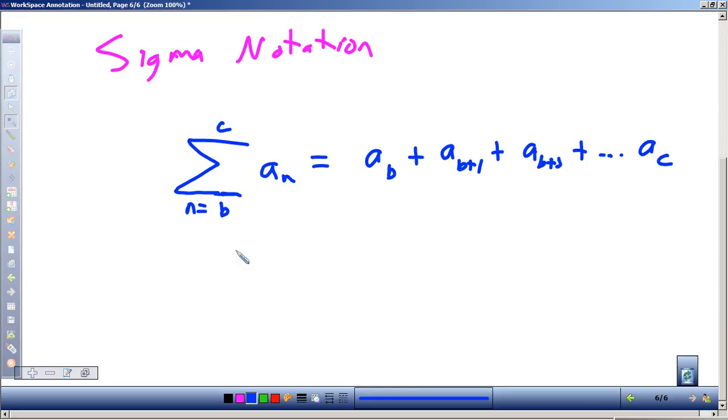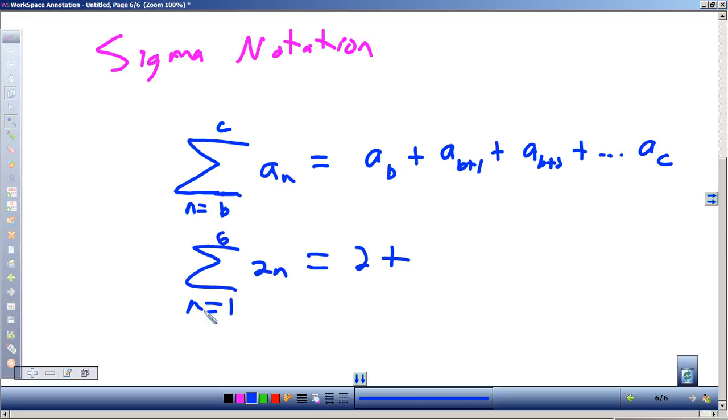What do you mean by that? Say if I did this, sum n equals 1 to 6 of, say, 2n. What is the first term of this sequence? 2. So this means 2 plus, then you change n to 2 for the second term. Because what this means is we're going to start at 1 and go until we get 6.